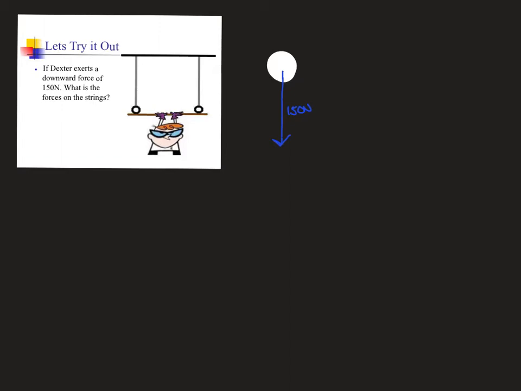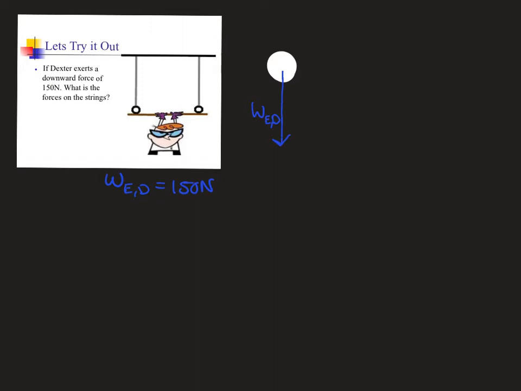What is that? That is the weight of the Earth on Dexter. And in some cases, it might be best to not even have that present in your free body diagram, and instead, off to the side, write weight of Earth on Dexter is equal to 150 newtons.